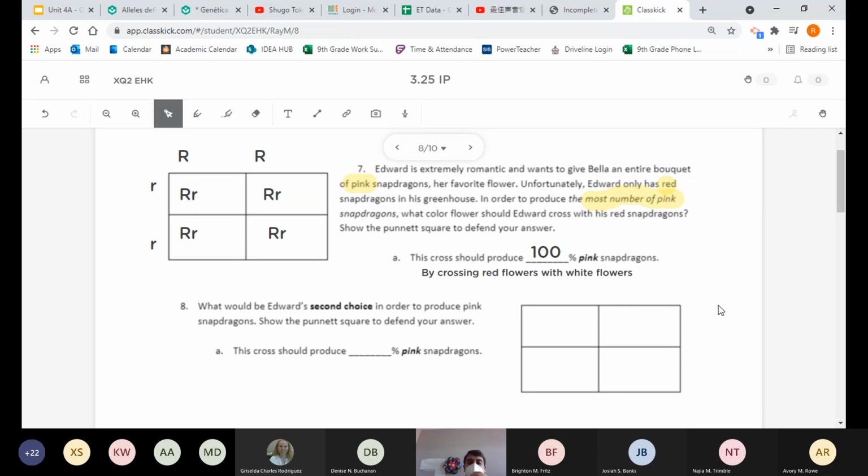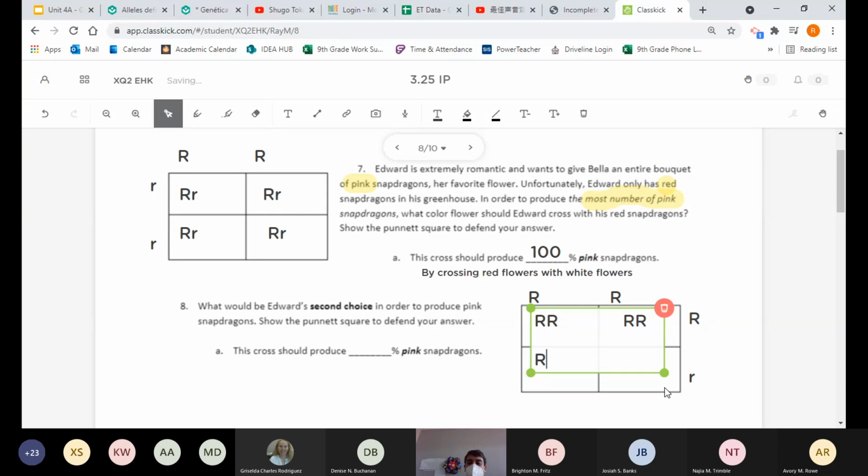Now, what would his second choice be? Let's say that he doesn't have access to white flowers. So he still has his red flowers. So you go big R, big R. If he doesn't have access to white, then hypothetically what he could do is cross them with other pink snapdragons. Now, this is not going to give him 100%, right? This is going to give him big R big R, big R big R, big R little r, big R little r.